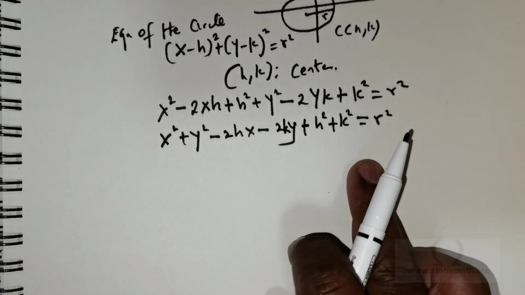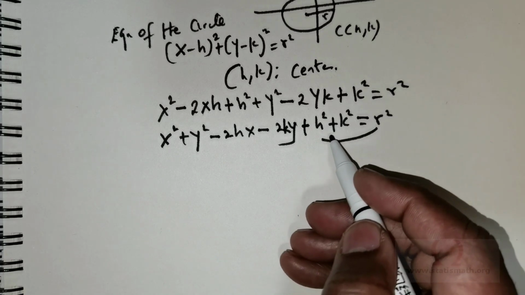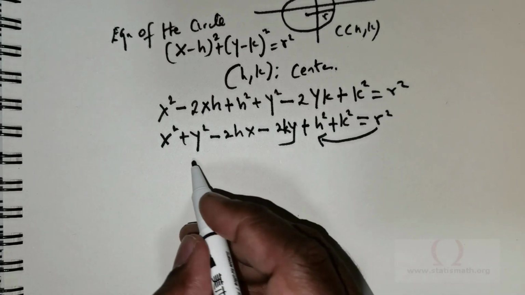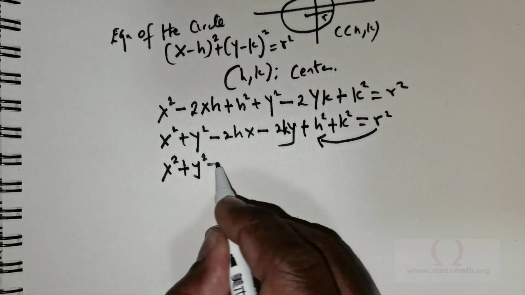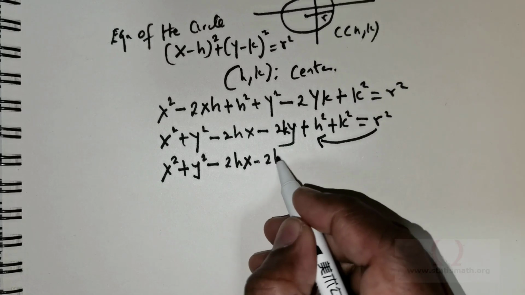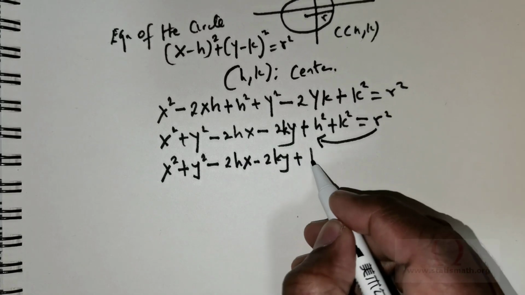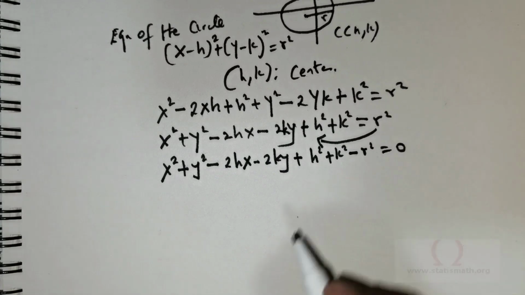Now I can bring this r² to the left and rewrite this as x² + y² − 2hx − 2ky + h² + k² − r² = 0.